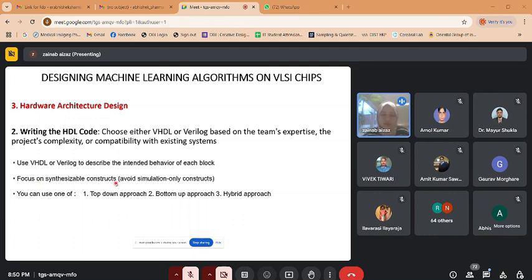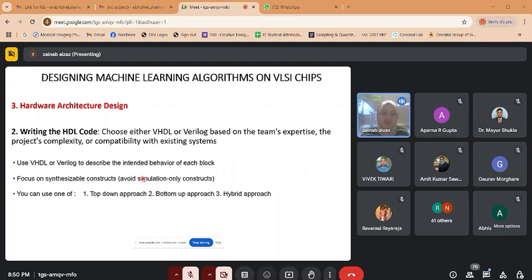There are also some constructs which are not synthesizable. If I give you an example of a non-synthesizable construct, it is a while loop. A while loop in Verilog is not synthesizable in many cases. So if you code using a while loop and you go for synthesis, that logic is not going to be put on the chip by the tool. The tool is not going to do that because that construct is not synthesizable.